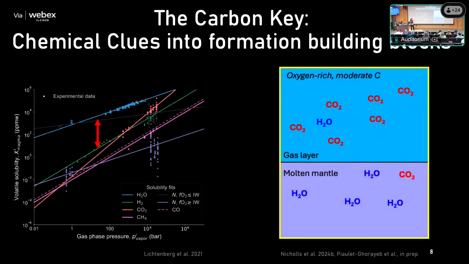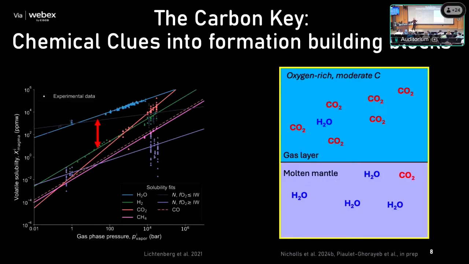But now if instead the mantle is molten, because of the much higher solubility of water compared to any other carbon compounds like CO2 or methane, you actually expect to maybe have 80–90% of the water dissolved in the interior as long as the molten layer survives.